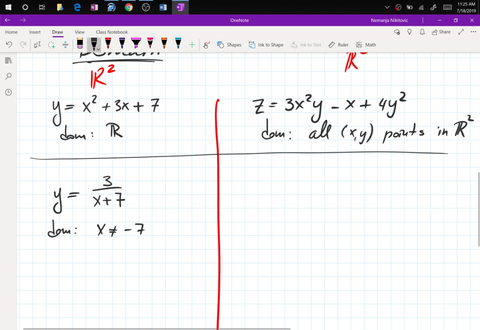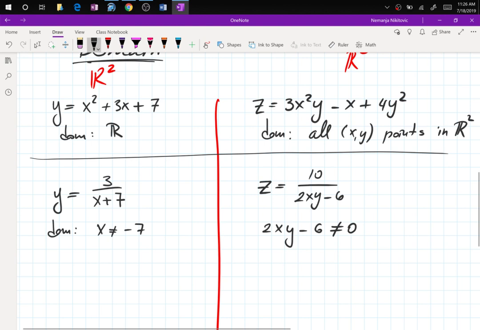Can you have something like this in R3? Of course. z equals, I don't know, 10 divided by 2xy minus 6. So you immediately say 2xy minus 6 is not allowed to be 0.